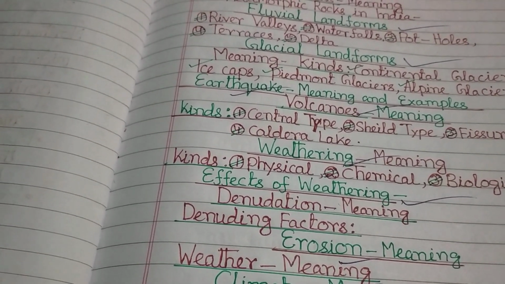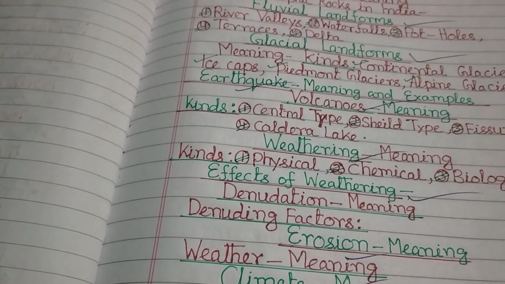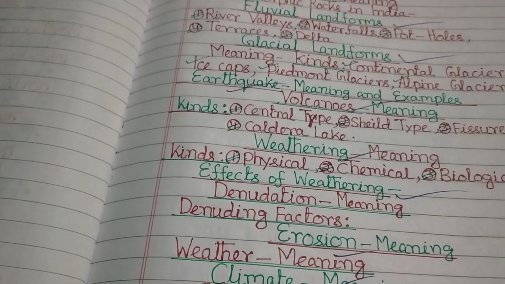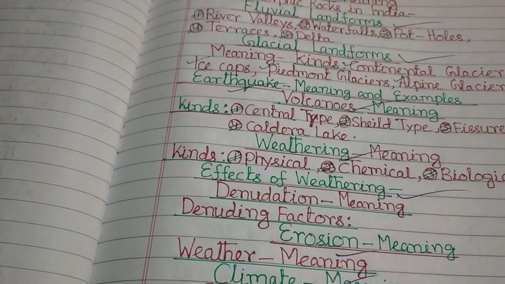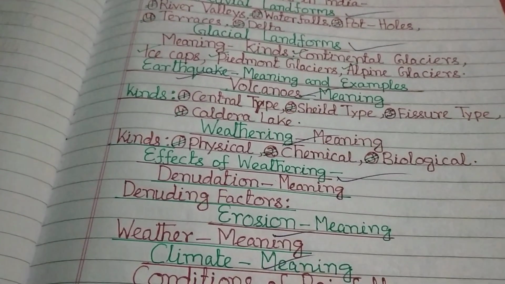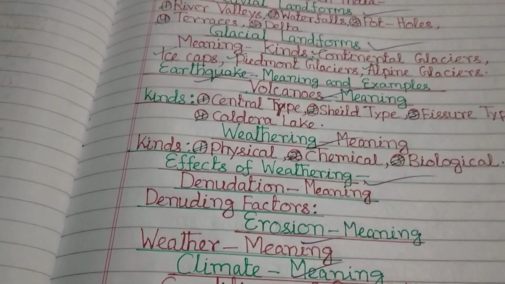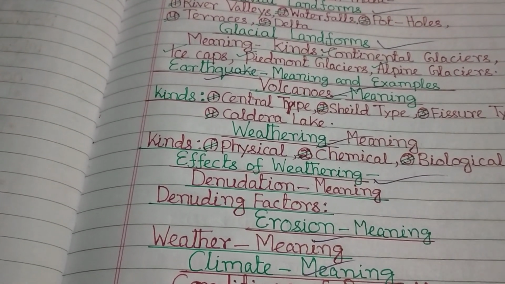One is continental glaciers. The second one is ice caps. Then the third one is Piedmont glaciers. And the fourth one is alpine glaciers. The continental glaciers are found in Antarctica and in Greenland.